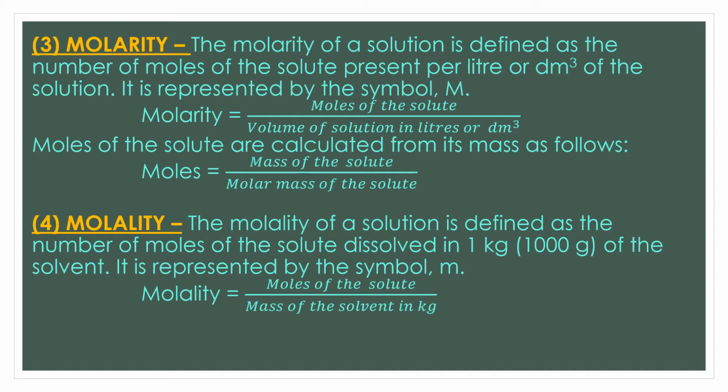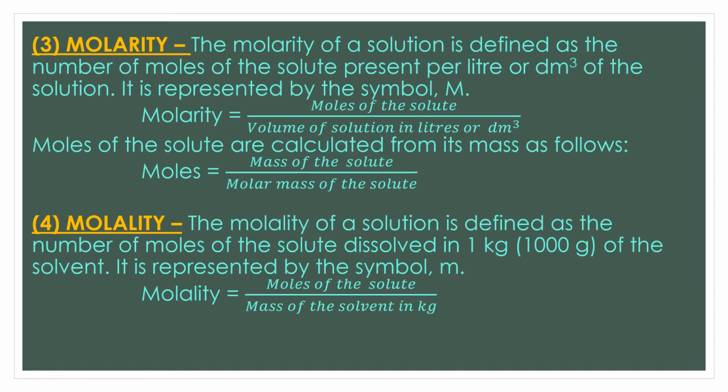How are we able to find out the moles of solute? Moles of solute is equal to mass of solute divided by molar mass of the solute. So this is molarity. We will do some questions based on molarity for your better understanding.